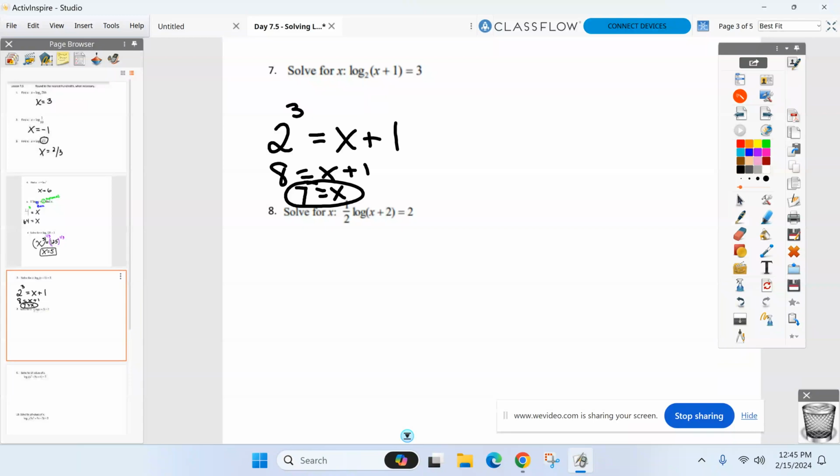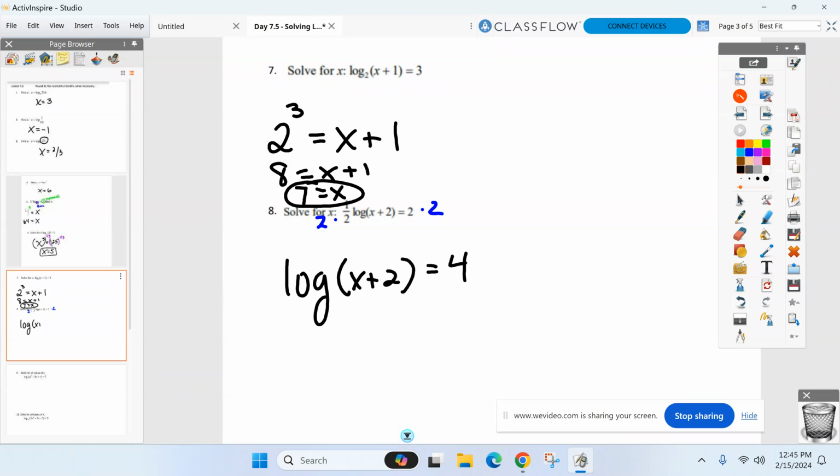So either divide both sides by 1/2, or Kate in the back said, multiply both sides by 2. You can't do anything until it's by itself. So now I have log of x plus 2, now I'm rattled, and you keep correcting me, Richie, great.